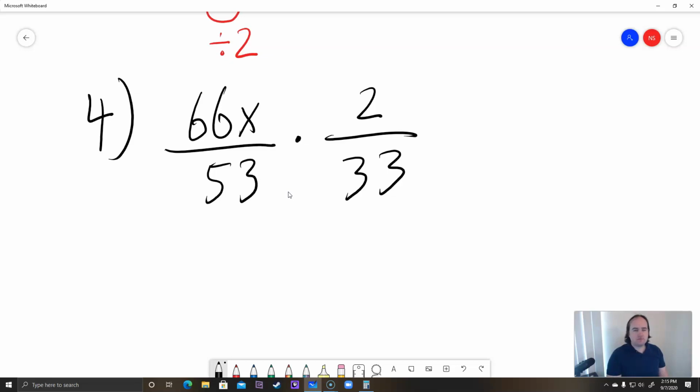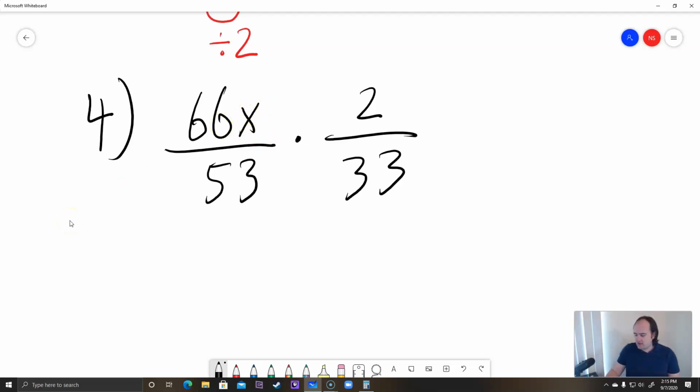Now the only thing that's new here is we have bigger numbers. And also notice that we have an x. But the x is only in the numerator. So if the x is in the numerator, you don't move it. You don't move it anywhere. It just stays there in the numerator.